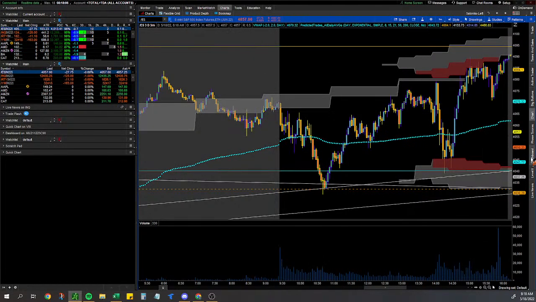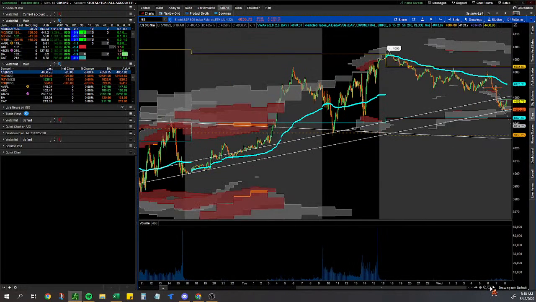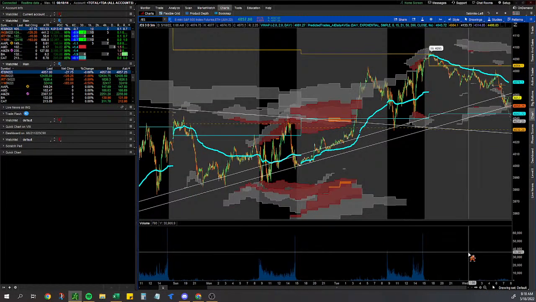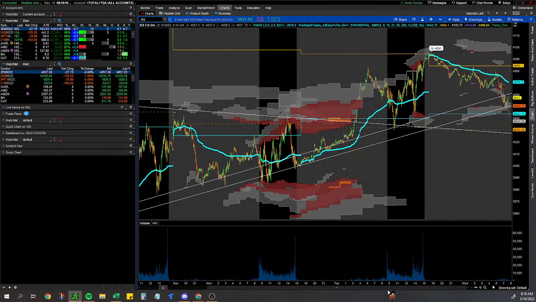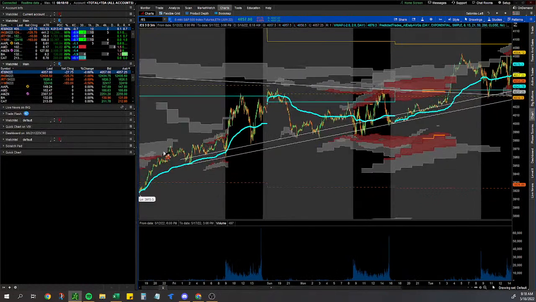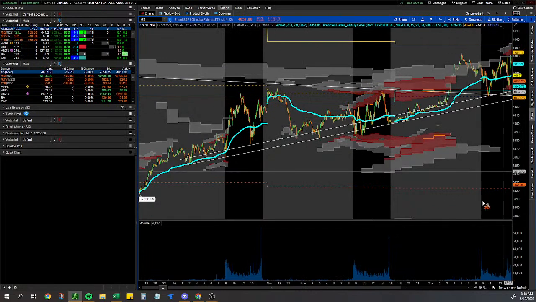The overall thesis was we have support down at this trend line from the lows. This started off of last week's lows. This trend line has been carrying us up. Bounce, bounce, bounce, bounce, bounce, bounce. Carry, carry, carry.